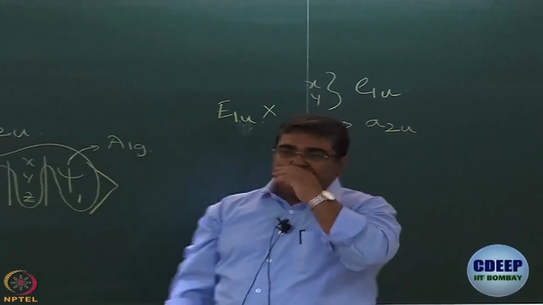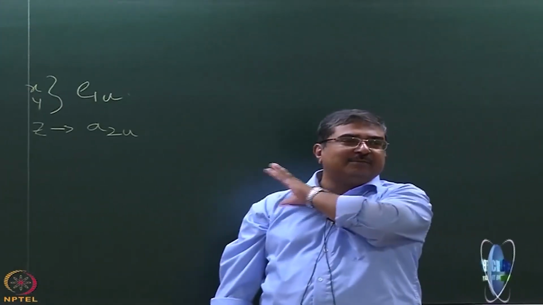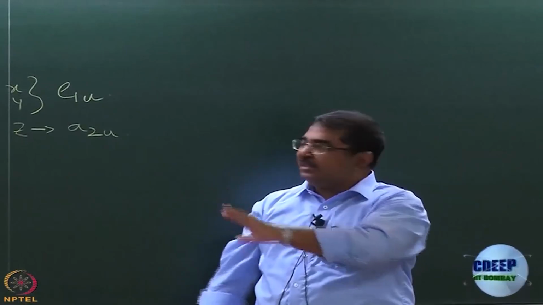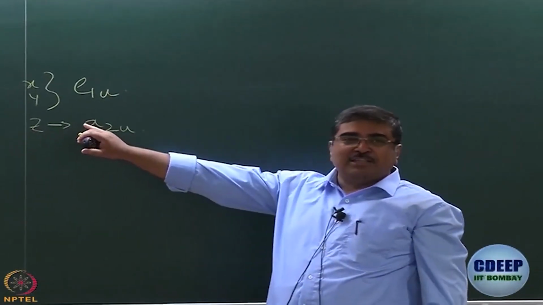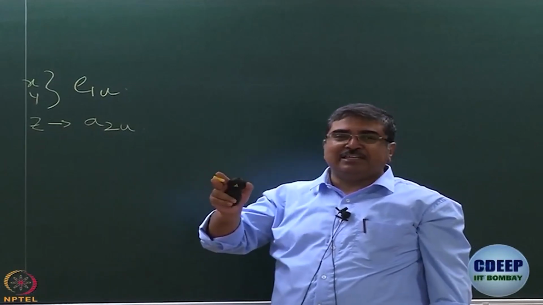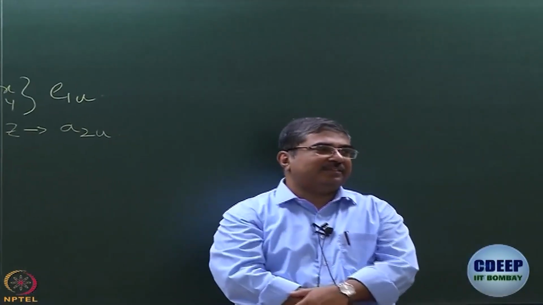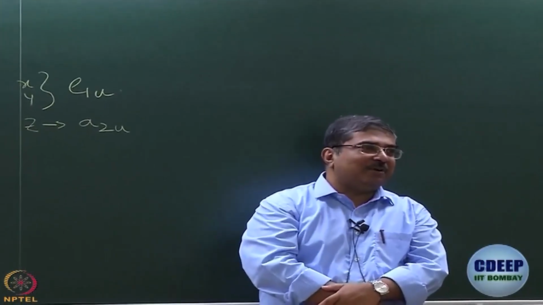Now, with this information, without looking at the character table or the product table, can you tell me whether this A1G to E1U transition is allowed or not? Allowed? Why, Raksha?